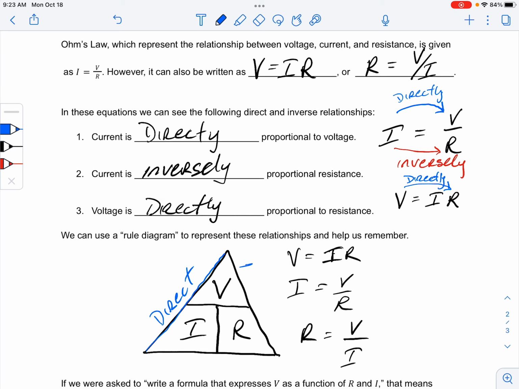The two on this side are directly proportional, so V and R. And then the two on the bottom, I and R, are inversely proportional, and the other two pairs are directly proportional. So this is a second way that you can use this diagram. You can use it to find all the equations, and you can use it to tell if they are direct or inverse.